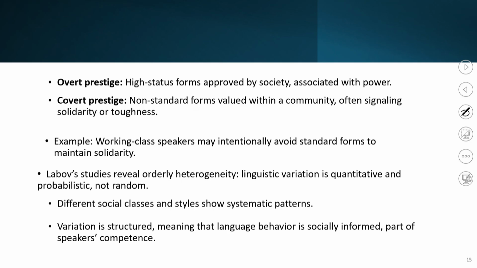Primarily it refers to orderly heterogeneity. Linguistic variation is quantitative and probabilistic and not random. There is a method to that variation, depending on the class, and also on the intention, the context and so on.